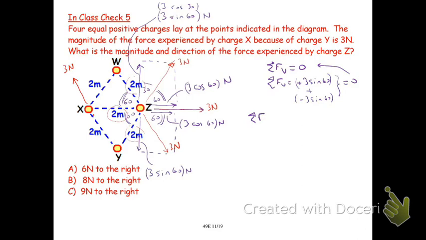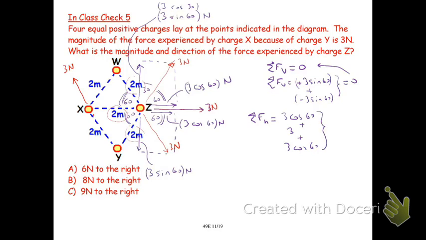Sum of the forces horizontally is equal to 3 cosine 60 plus 3, because that's still there, plus 3 cosine 60.